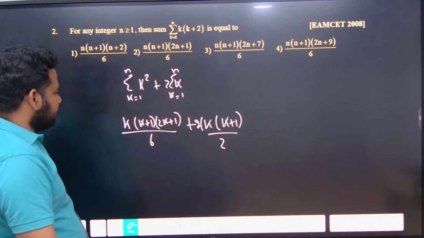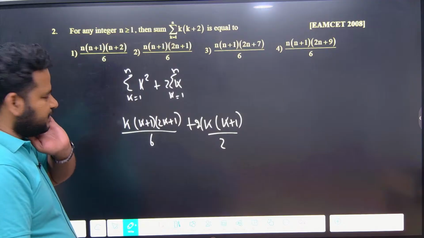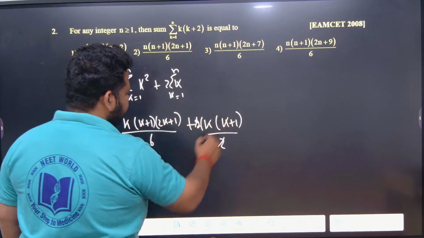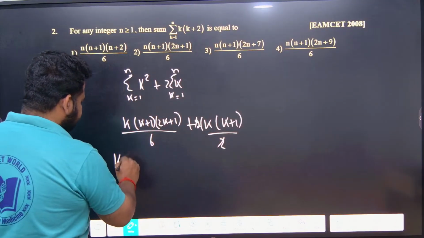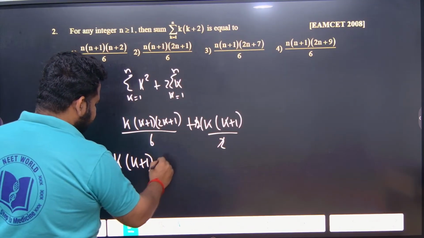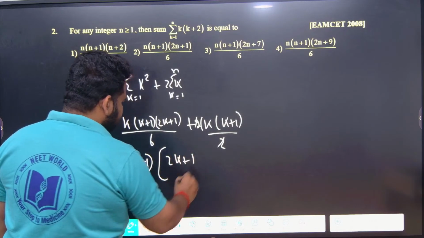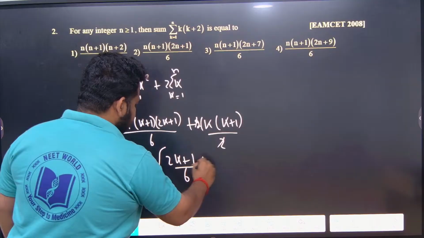Now what we can do here? k into k plus 1, can I take common? See, let me cancel this, 2 and 2 I will cancel. Let me take k into k plus 1 common. So k into k plus 1, if I take common, what will I be left with? I will be left with 2k plus 1 by 6 plus 1.